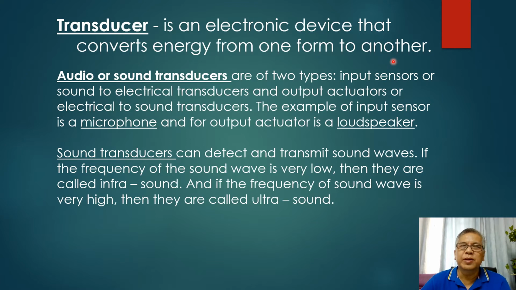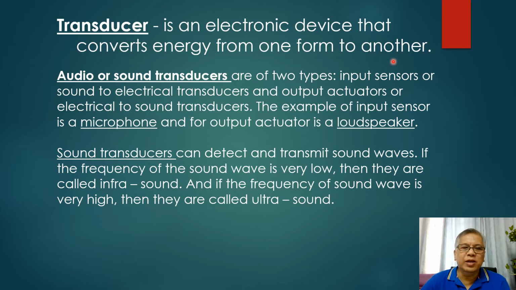We can also have an electrical energy which can be converted into the sound or an audio. Or another one is a transducer that converts temperature into electrical signal, or a pressure into electrical signal. So that's an example of a transducer.